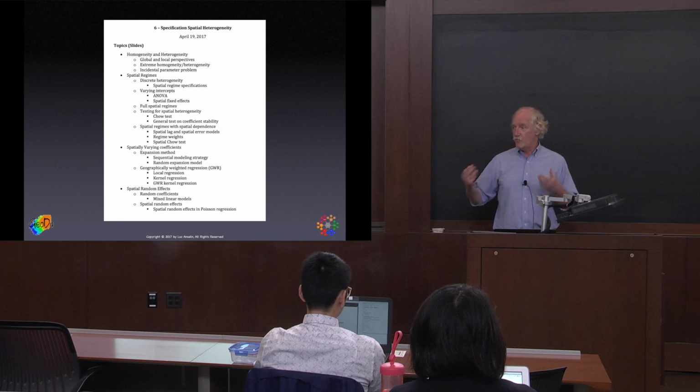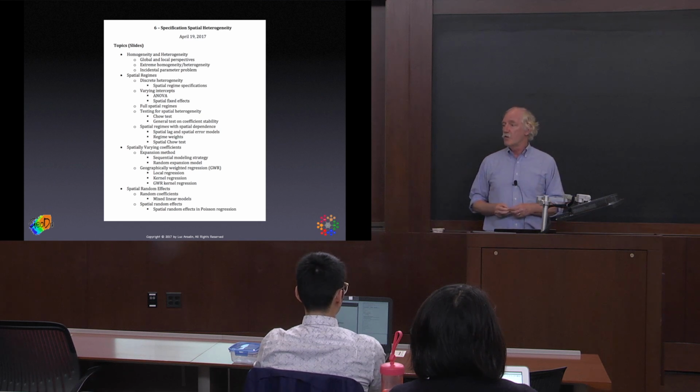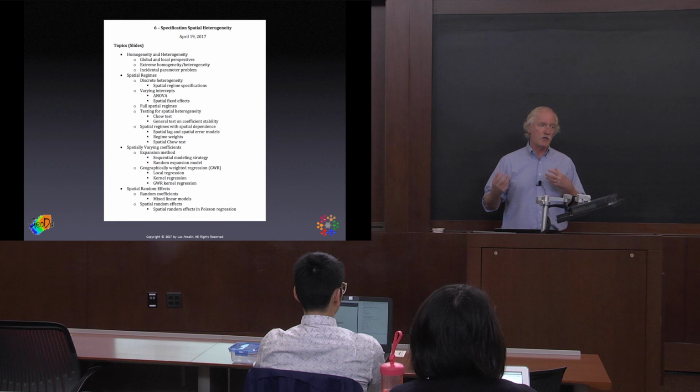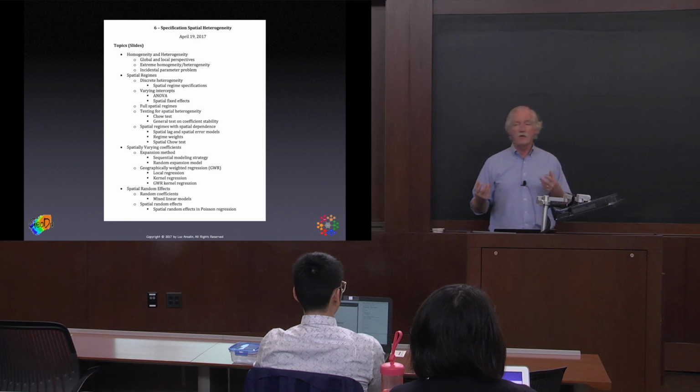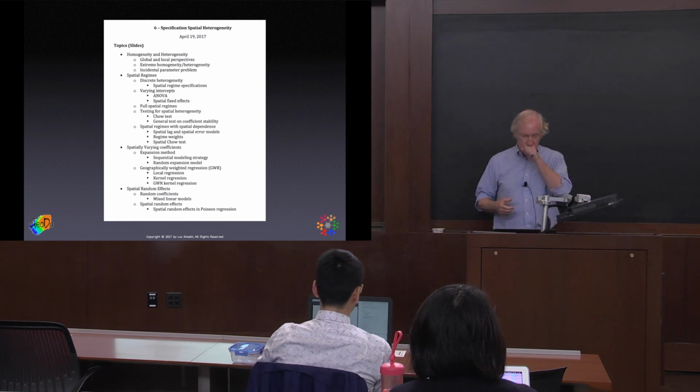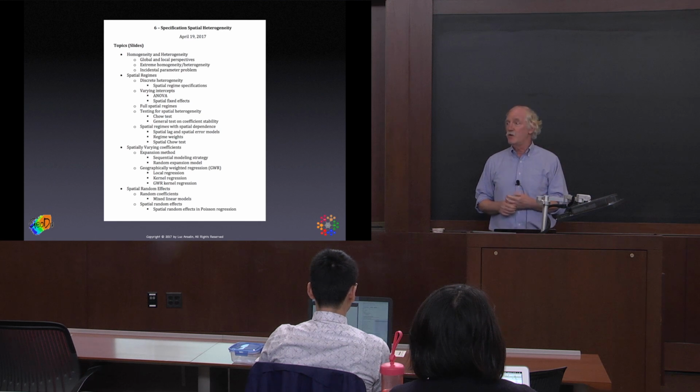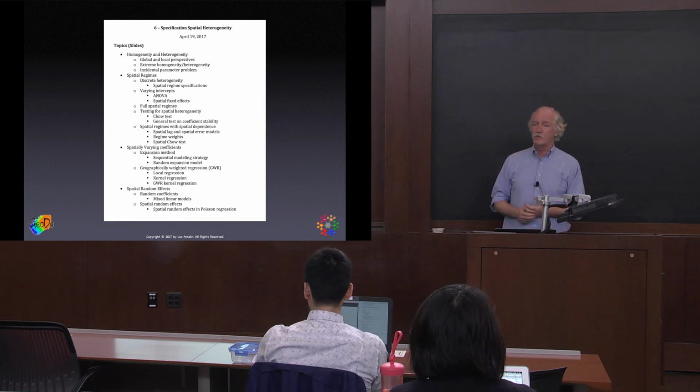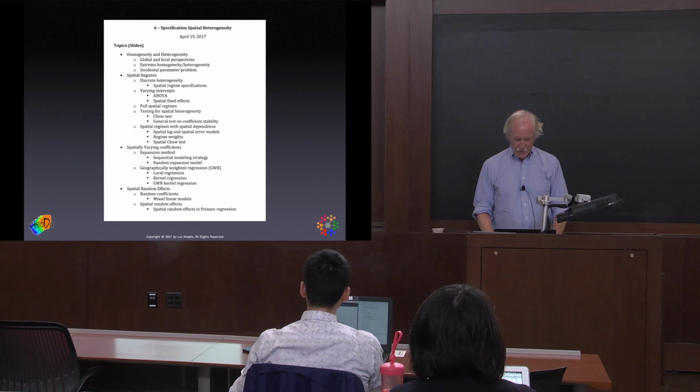And we already saw a very specific example where, if the weights are such that the number of neighbors is not constant, then a spatial autoregressive process induces heteroscedasticity, induces heterogeneity, even though there isn't any there to begin with.